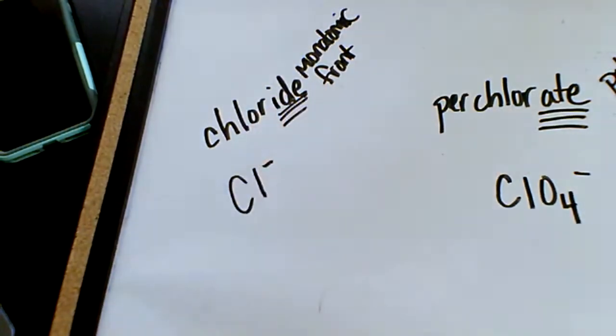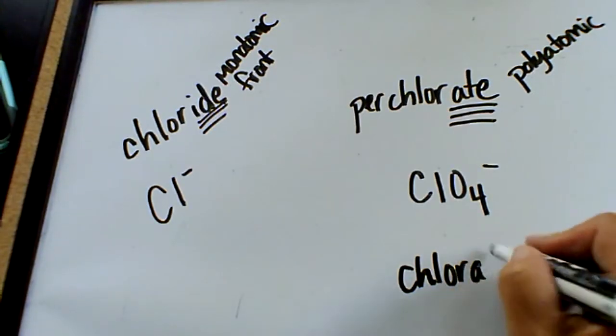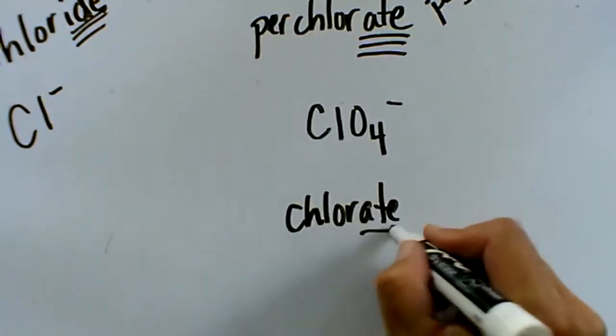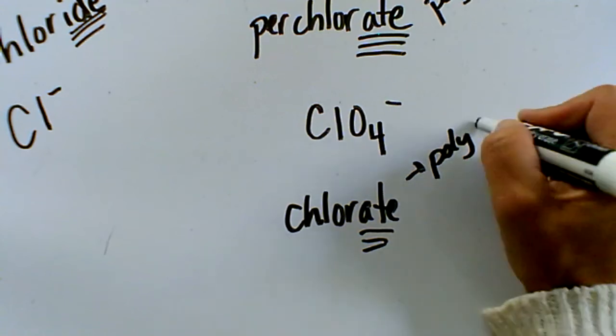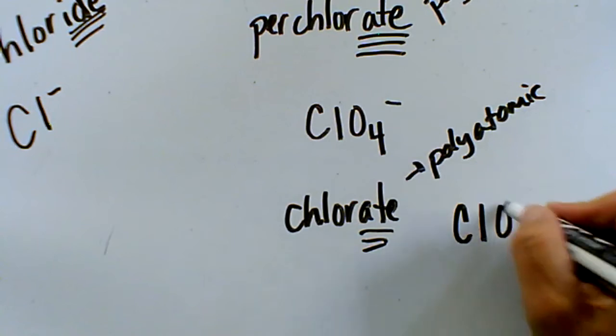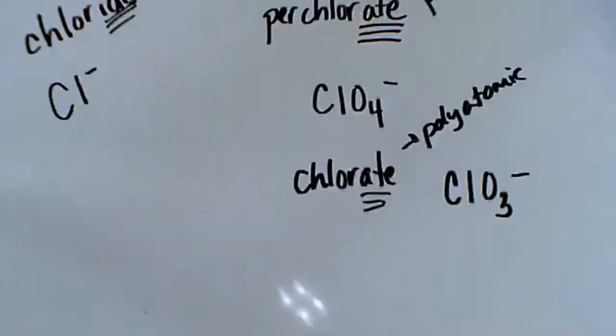This is chloride. I could have chlorate, not to be confused with chloride. And this ate tells me that it's polyatomic, so I'll look on my chart and I see ClO3 negative. Almost finished here.